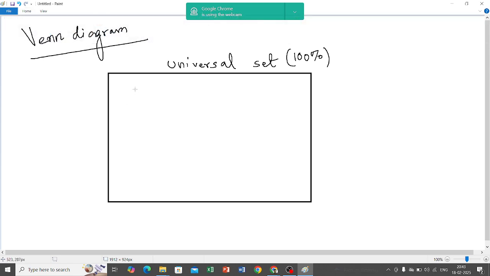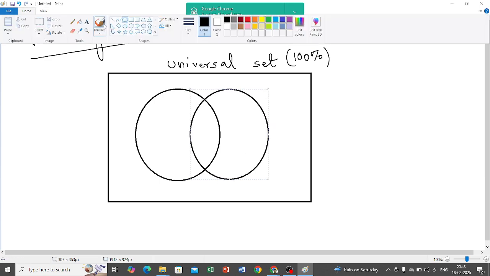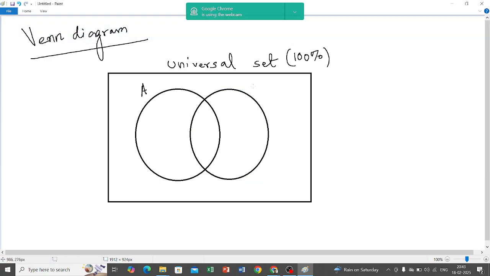Now here I am drawing two sets, set A and set B.